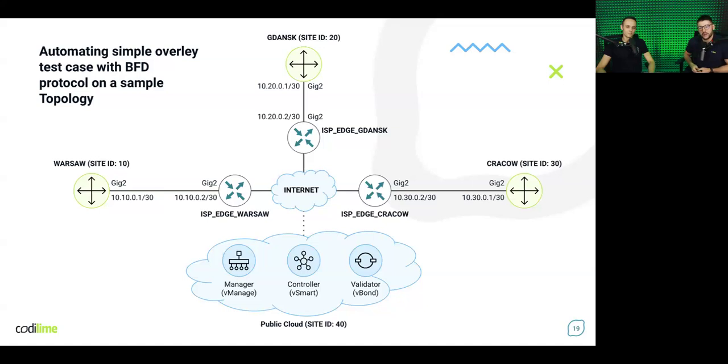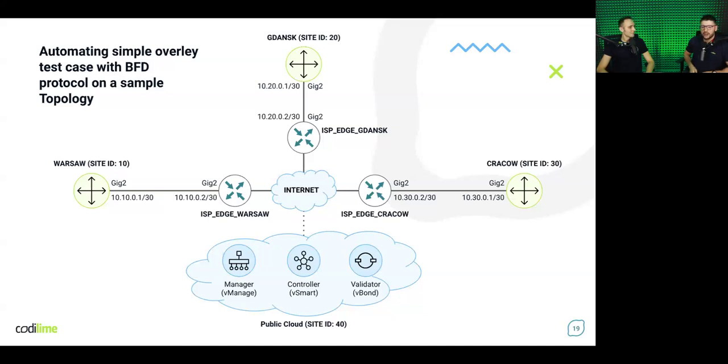In the test scenario, we are going to test Bidirectional Forwarding Detection sessions on Site 10 located in Warsaw. First, we will query vManage for the current BFD sessions of Site 10 to establish a baseline. Next, we will simulate an ISP outage by disabling the GigabitEthernet2 interface on the Warsaw router.